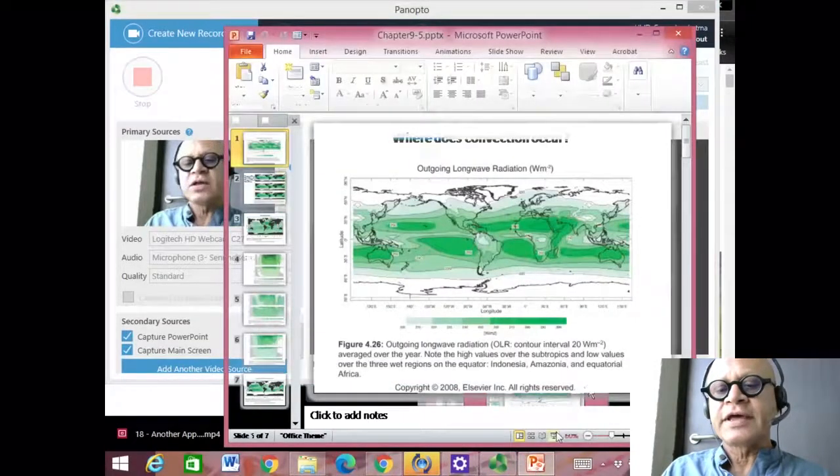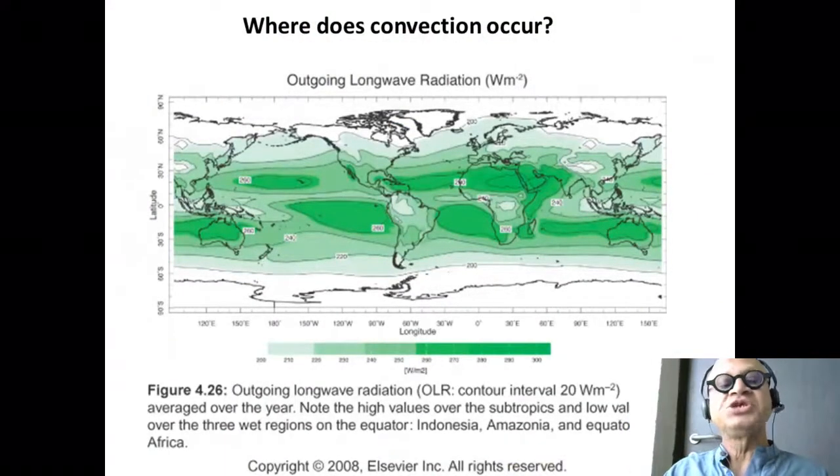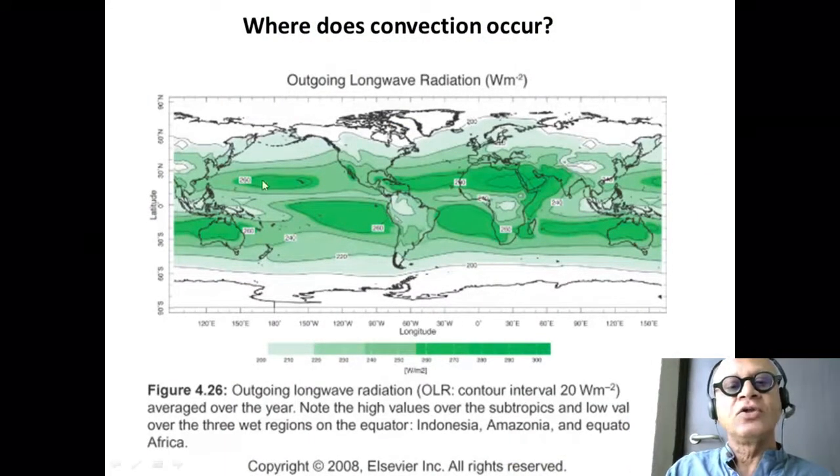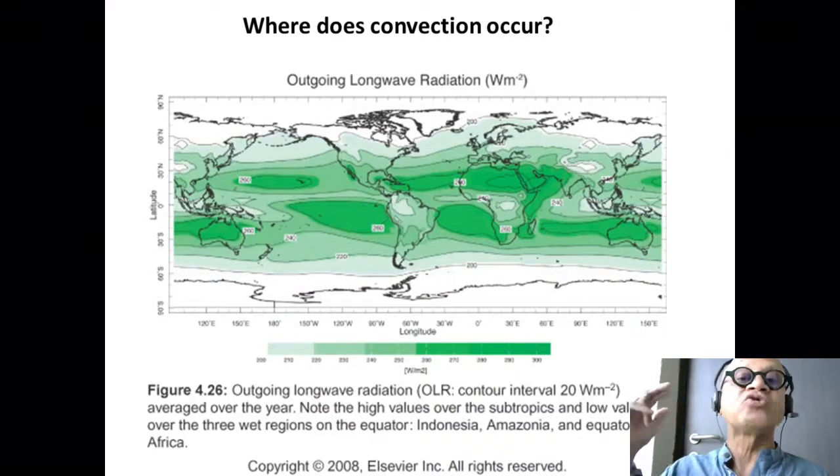The other thing we looked at was this map of the outgoing longwave radiation, and looked at the high values where subsidence happens and clear skies, so more energy is going out to space. And we looked at these bands of low OLR in the low latitudes, which is obviously related to the cold cloud top temperatures.